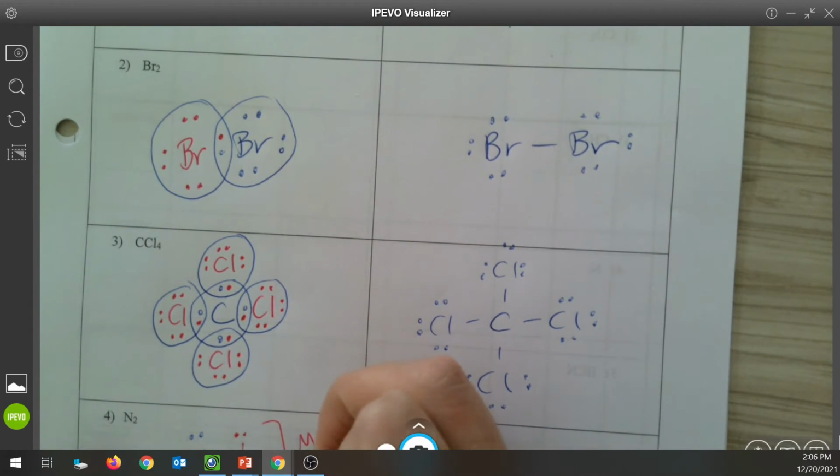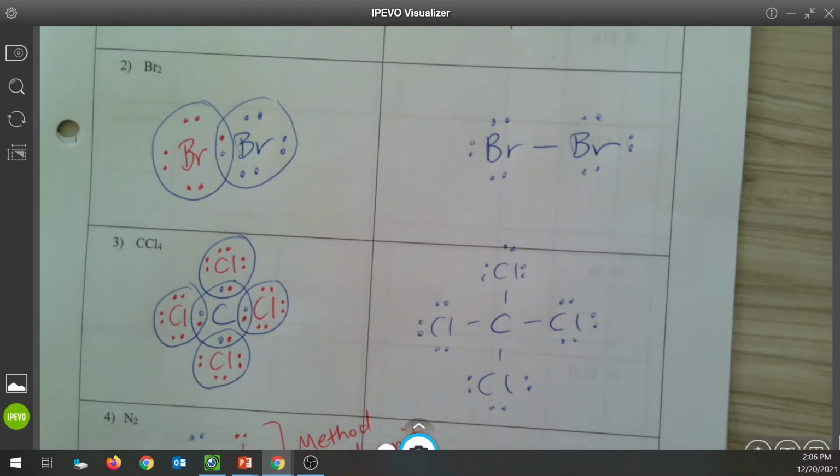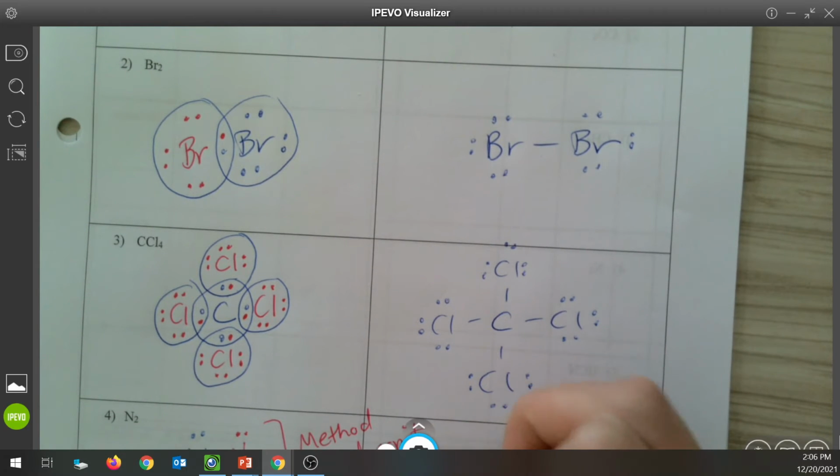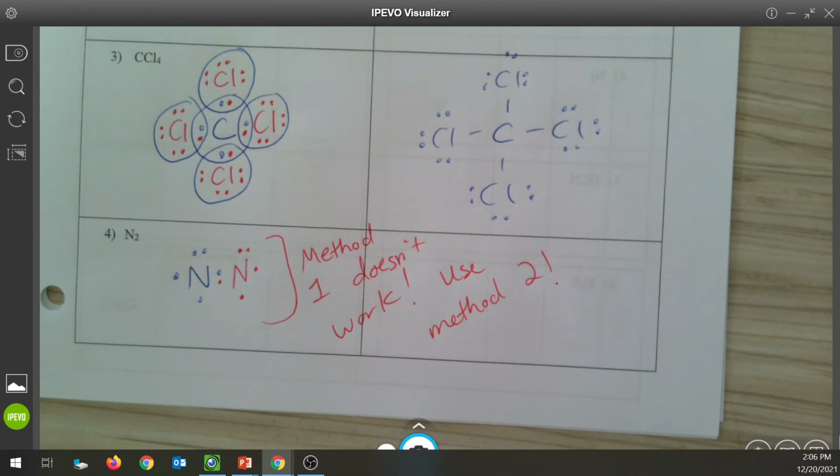So, method 1, write yourself a note. Method 1 doesn't work. If you can't immediately picture how it's going to latch together, method 1's not going to work. Okay, use method 2. So when method 1 doesn't work, just stop and use method 2.